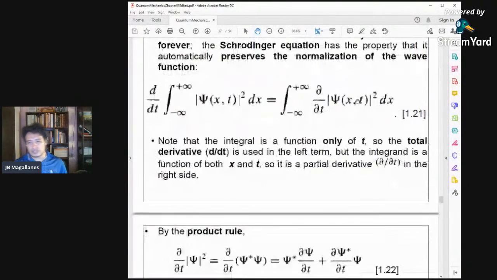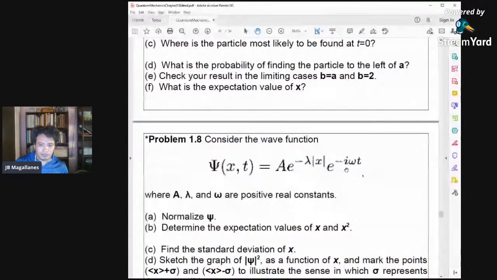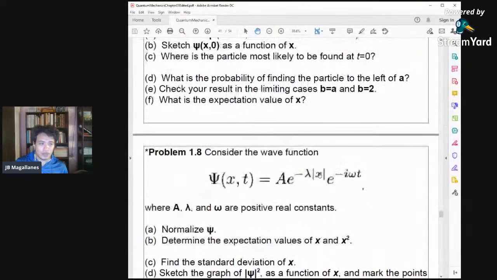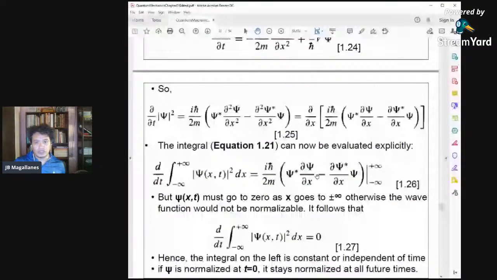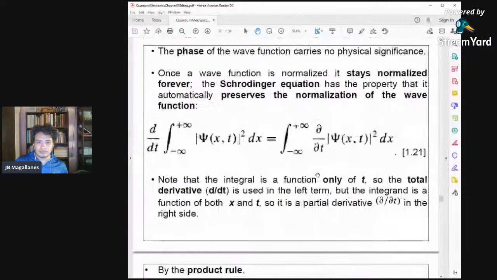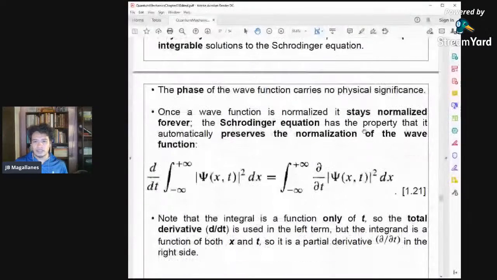If you look at an example of a wave function like this, this is the phase part of the wave function, but it is not significant when you calculate the probability density, because it will cancel in the conjugate. So the phase has no physical significance.